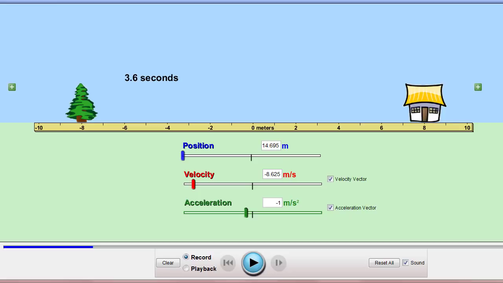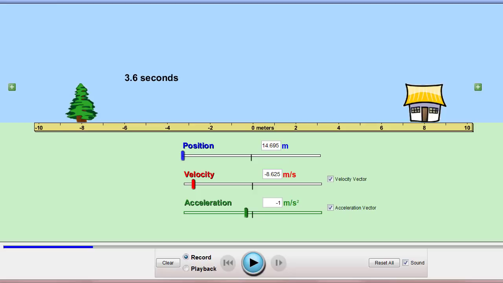Notice how his direction of motion didn't necessarily match up with the direction of the acceleration. That's just something that's important to know. So the moral of the story is the direction of the acceleration does not by itself tell you which way the man is going to move. Only the direction of the velocity will tell you which way the man will move for sure.